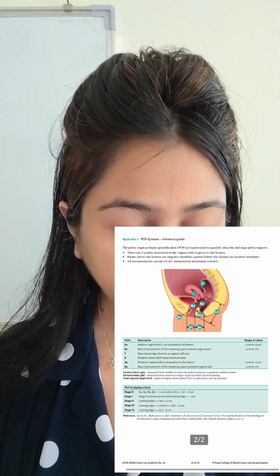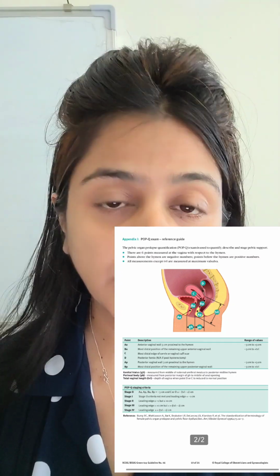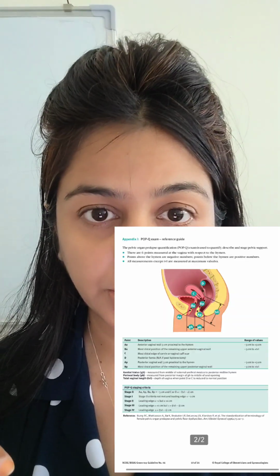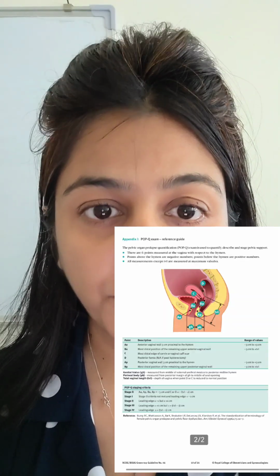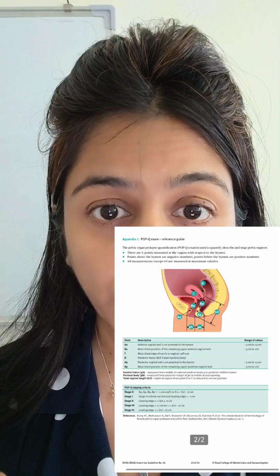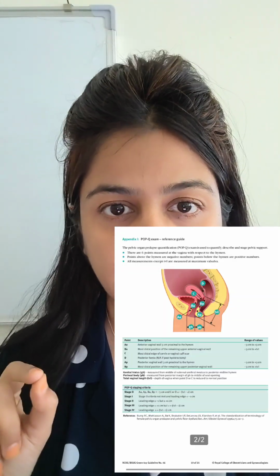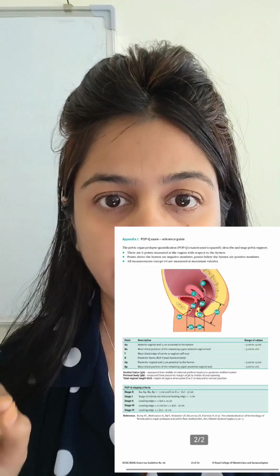Now leave the points C and D, and just come to the points Ap and Bp. Where the small alphabet p is coming, p means posterior.